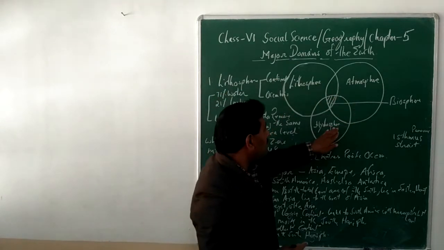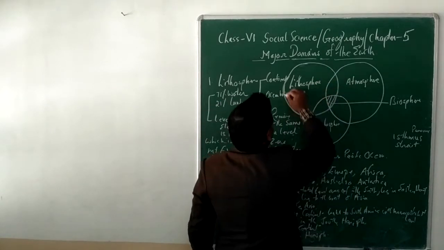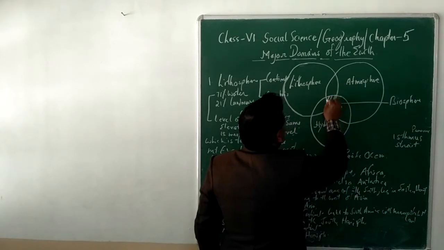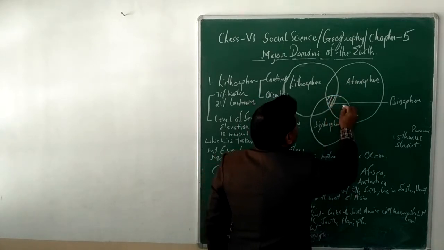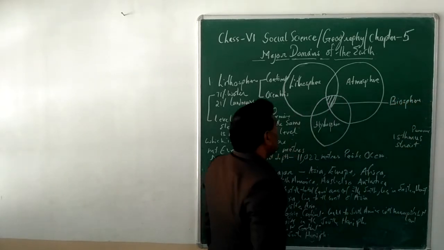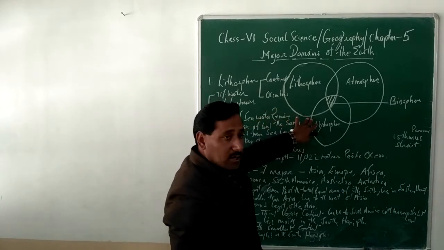If we take it as a whole, you have the lithosphere, the atmosphere, and the hydrosphere, and where they meet, that is your biosphere. So these are the major domains of the Earth.